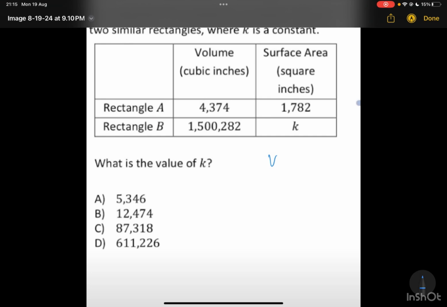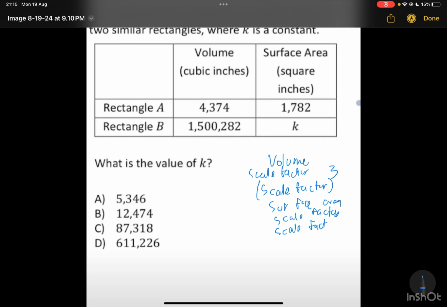The rules for the scale factor are that the volume scale factor will be the scale factor to the power of 3. For the surface area, the scale factor will be the scale factor to the power of 2.